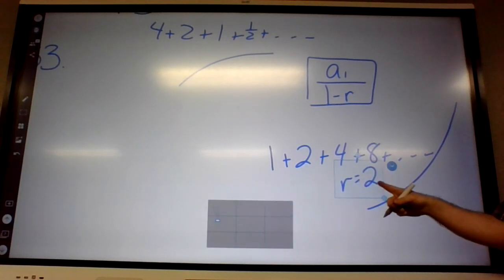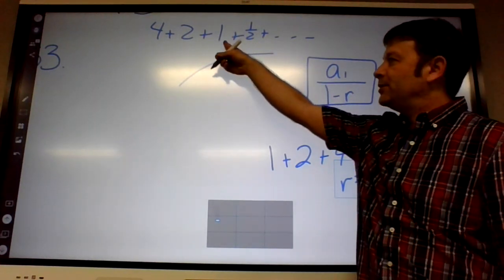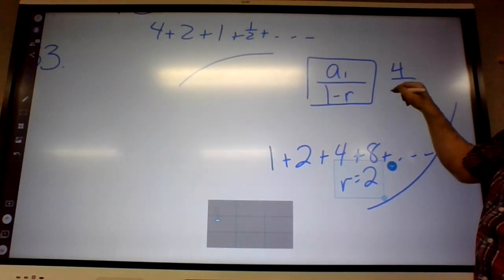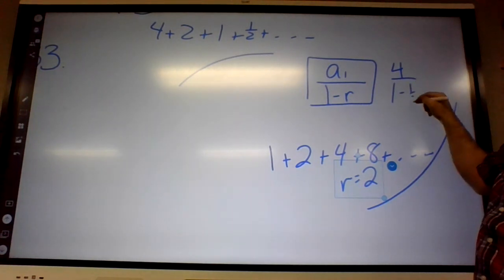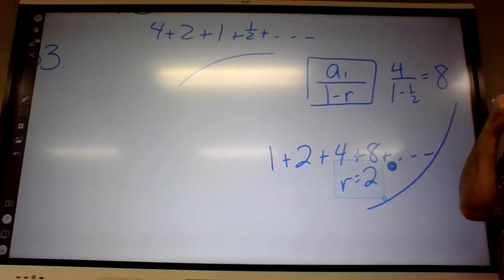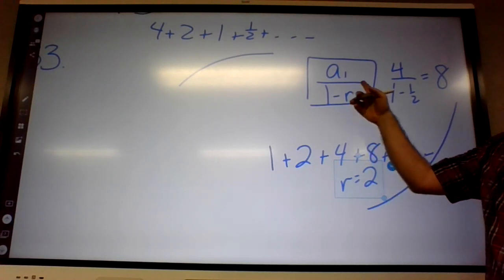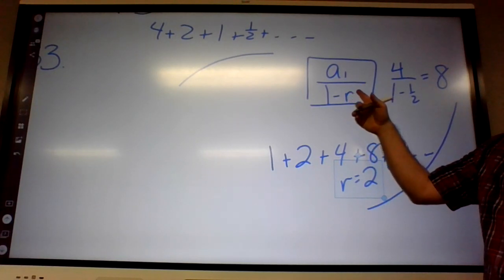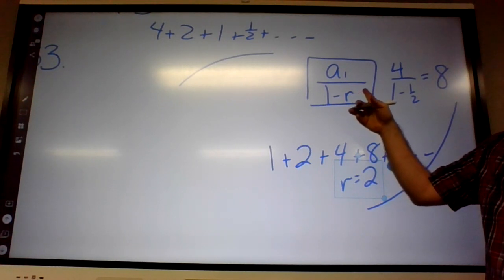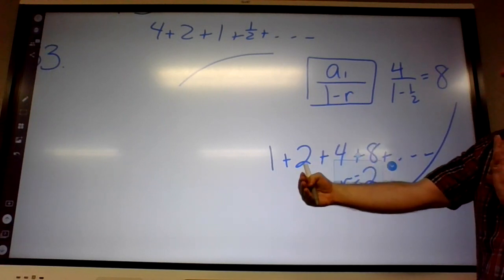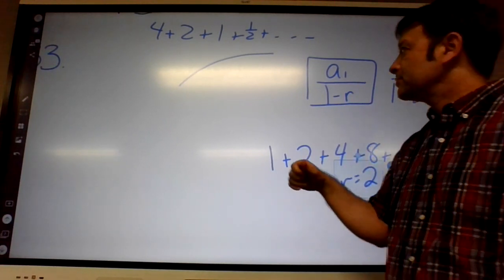This one converges. Is that formula only for infinite? This is only for infinite geometric series, and it only works if the ratio is less than 1. The other geometric series formula we used is just for a limited number of terms added together.